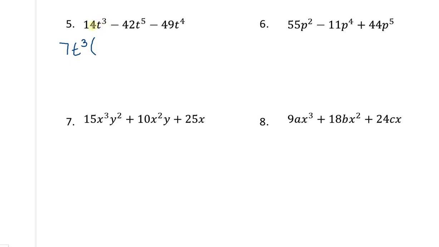And now let's simplify. 14 divided by 7 is 2. T to the third cancels. Negative 42 divided by 7 is negative 6. T to the fifth divided by t to the third is t squared. Negative 49 divided by 7 is negative 7. T to the fourth and t to the third, we are left with just a t.